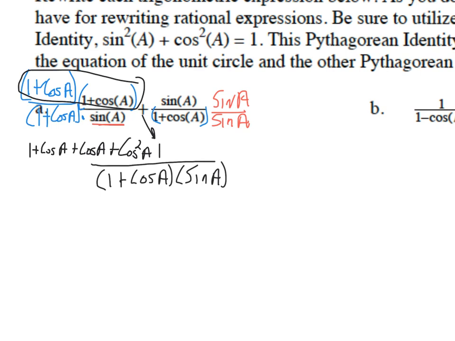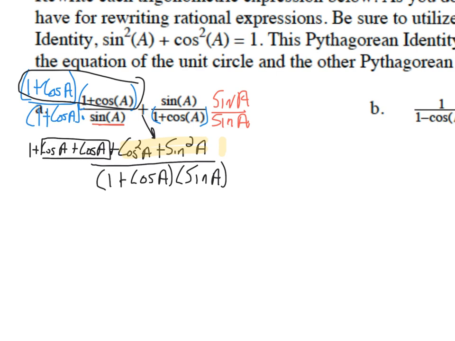Bring down this plus sign, and sine a times sine a is sine squared a. Now I'm looking at this and I'm saying, oh, okay, let's do a little math here. Let's add those two together. And we know this is the same as 1. That's your Pythagorean identity. Cosine squared a plus sine squared a is 1.